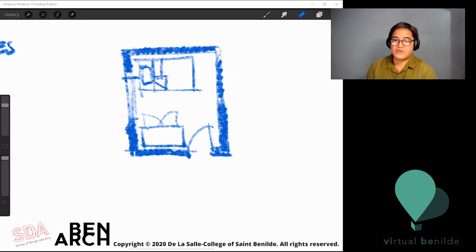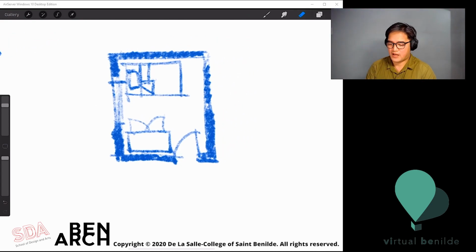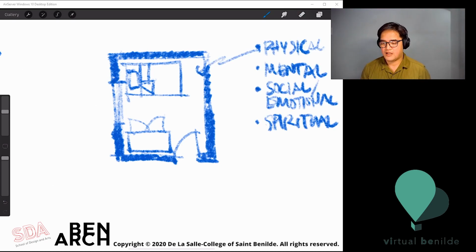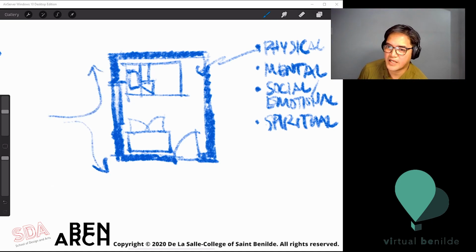Now, if we try to test this with the first four aspects, it doesn't really answer much. For example, the physical: a single window and a closed door, so wind from the outside would just not go in. There's no cross ventilation. Light is coming in from one source.